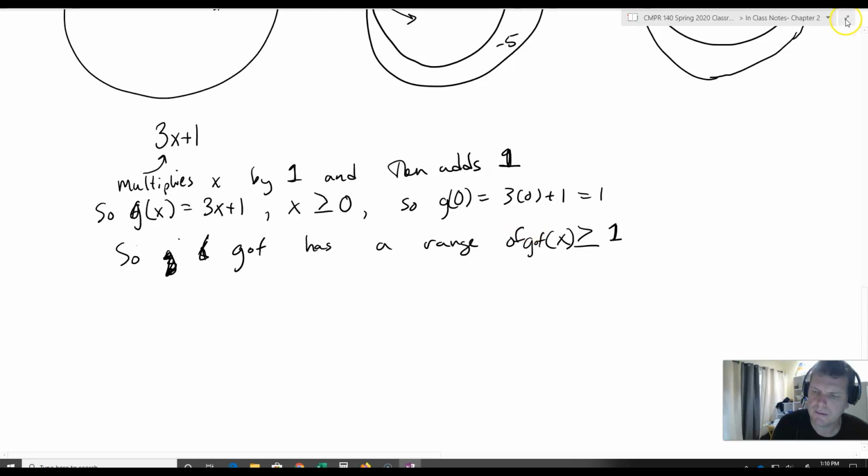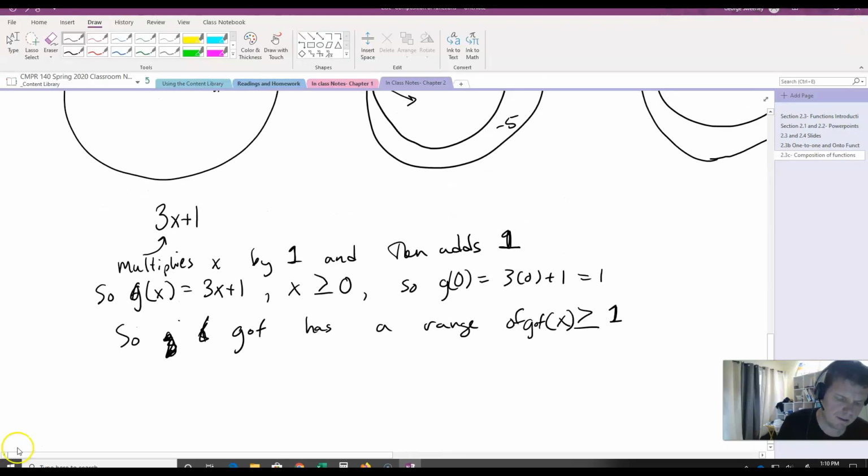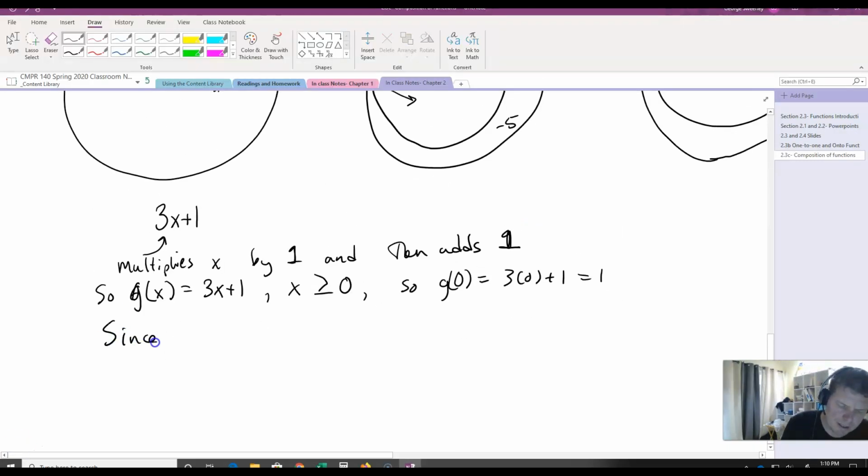Okay. So since the values in that range have to be greater than or equal to 1, g of f of x has a range of g of f having to be greater than or equal to 1.